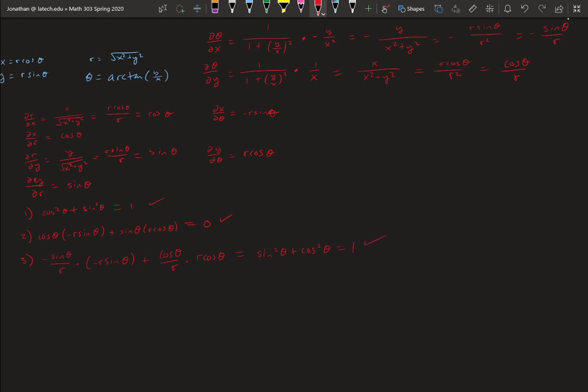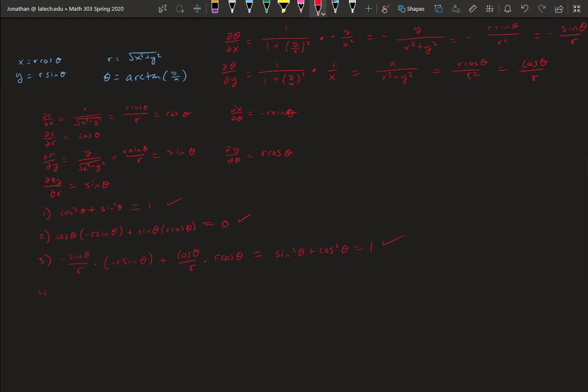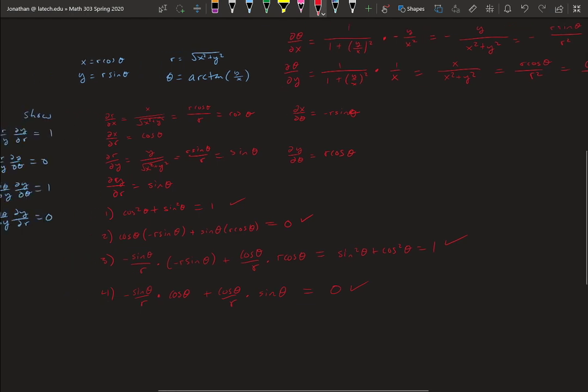Check. And then the last one, partial theta, partial x, is negative sine theta over r times, let's see, partial x, partial r is cosine theta plus cosine theta over r times partial y, partial r is sine theta, which is 0. Check.